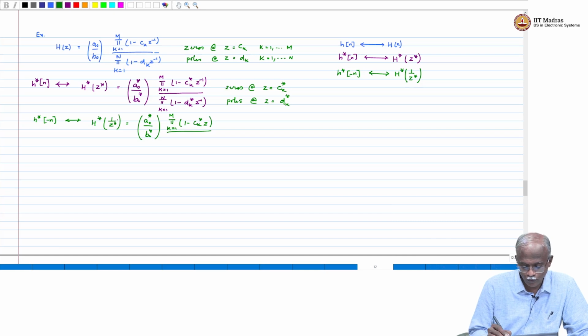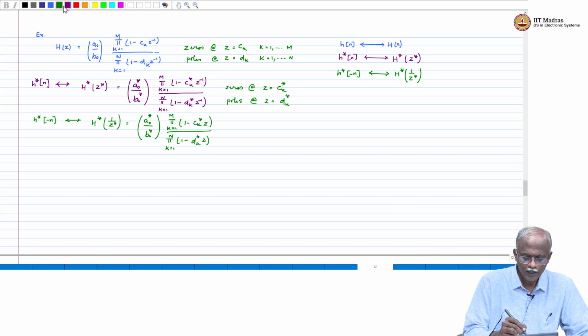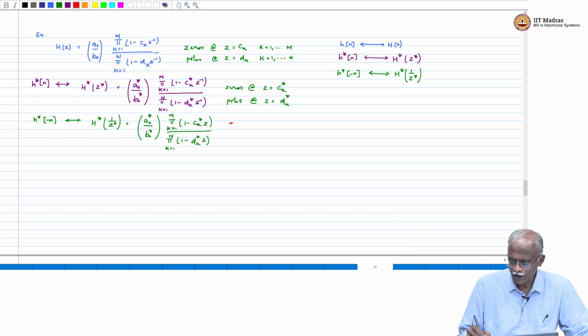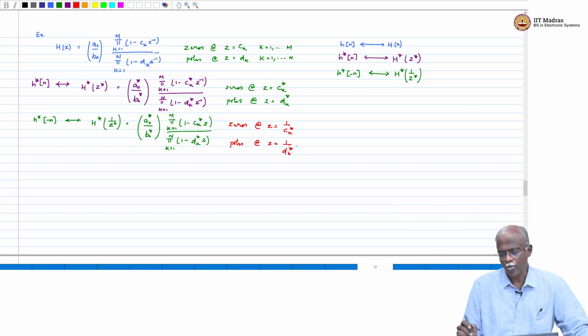That's because of the 1 by z conjugate. The denominator will be product k equal to 1 through n of 1 minus dk conjugate z. Where are the poles and zeros? The zeros are at z equal to 1 by ck conjugate, the reciprocal conjugate location. And the poles are at z equal to 1 over dk conjugate.